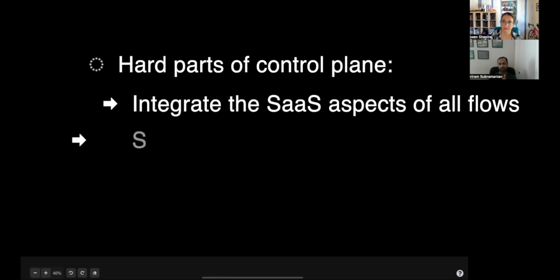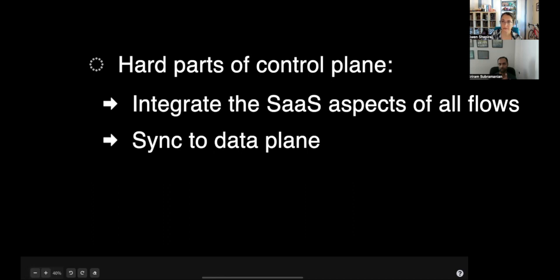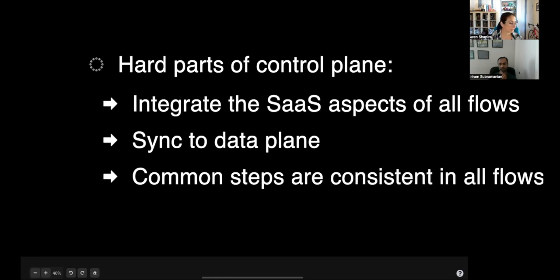The second aspect is how do you essentially push all this data to all your data planes to make sure that the right steps take place. The third aspect, I think, is basically making sure you're tying all these flows together to make sure that there are a common set of steps for multiple flows.